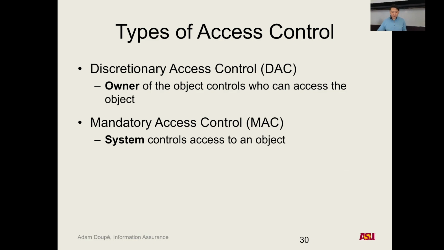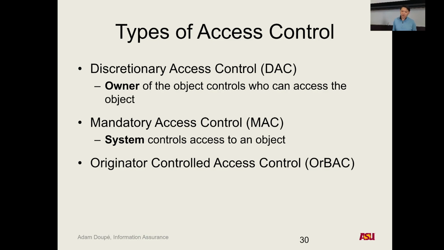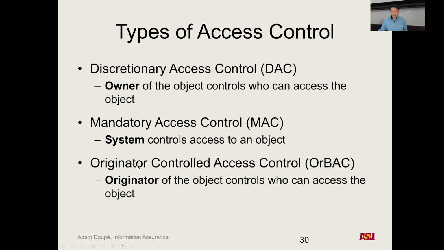The last one is ORCON, originator controlled access control. What is different from DAC? Not the owner, only the originator, like the intellectual author or the creator of that property, determines the access control policies.